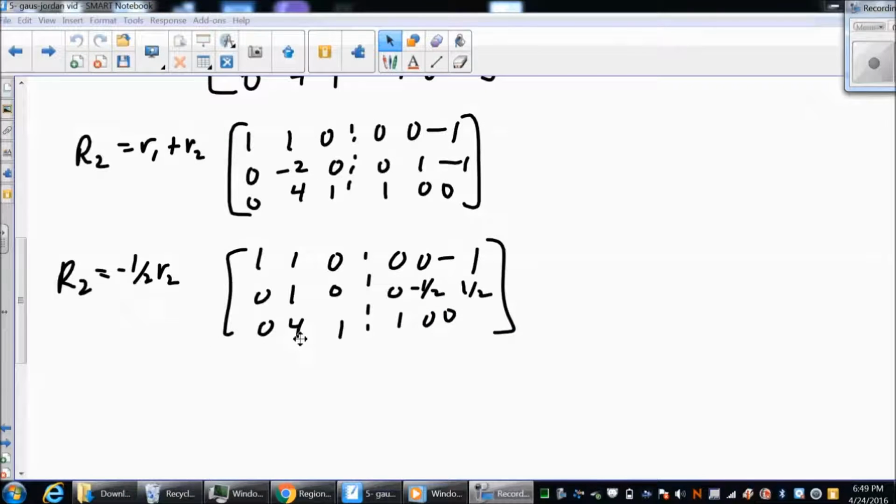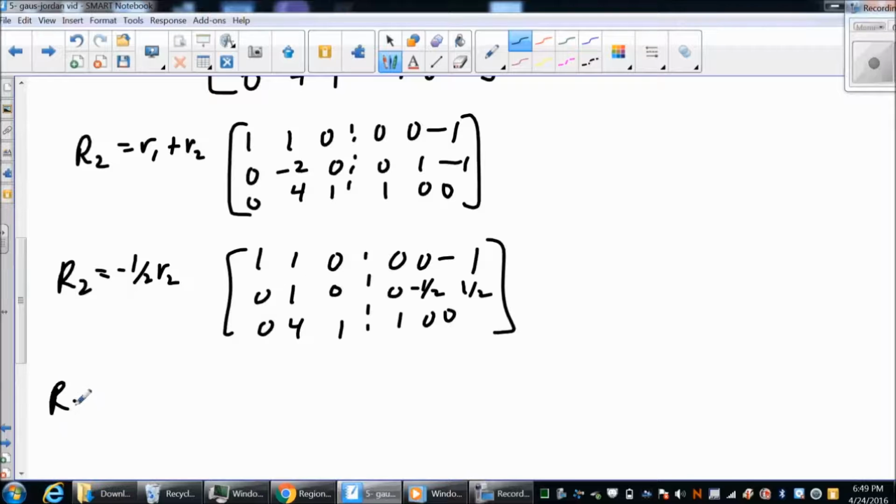And now to get rid of this 4 and get it to be a 0, we will take our R2 and multiply by negative 4, add it to R3, and replace R3 with negative 4 R2 plus R3.